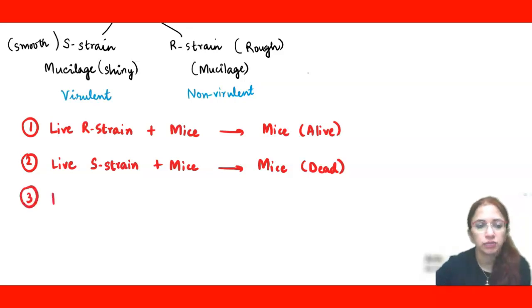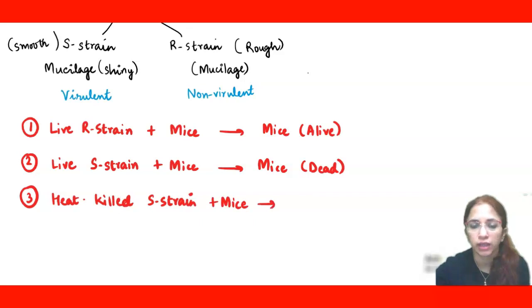Third time he used heat-killed S strain, and this strain was also injected in the mice, and after that he saw that the mice were alive. So Griffith concluded that due to heating, the virulent genes are no more.